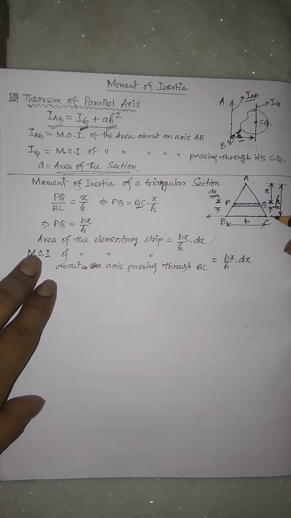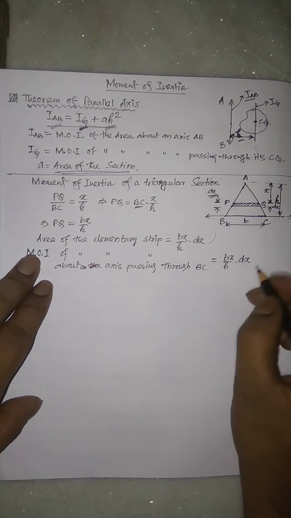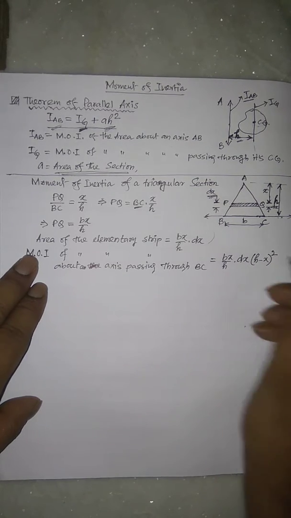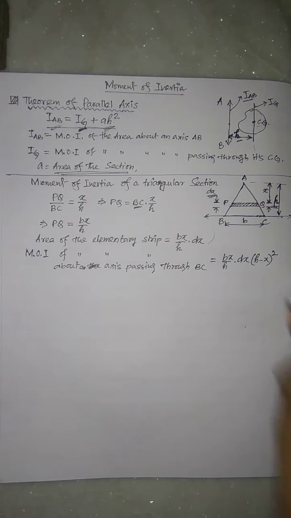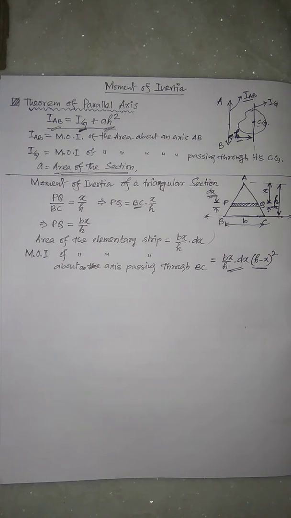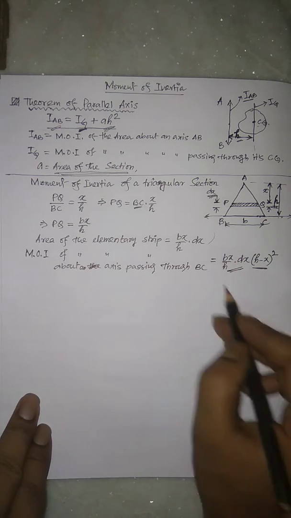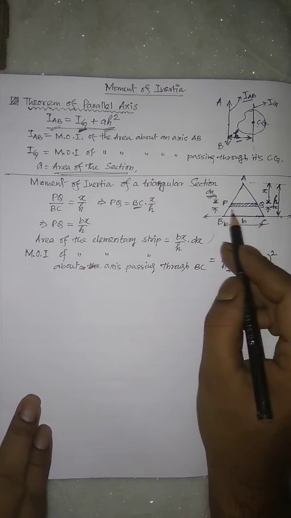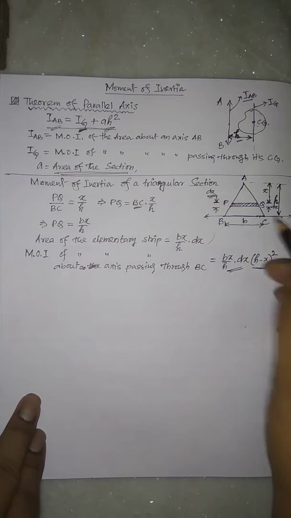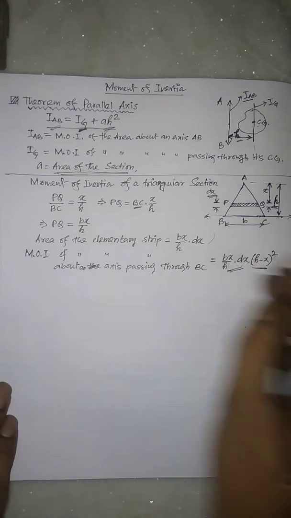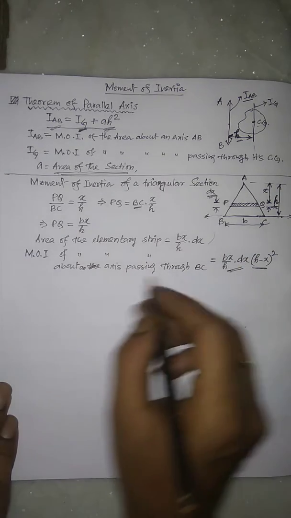So the distance between this strip and this axis is h minus x, and we take the distance squared. This quantity indicates the moment of inertia of the strip only. Now we have to find the moment of inertia of the whole section, so we have to integrate this quantity.